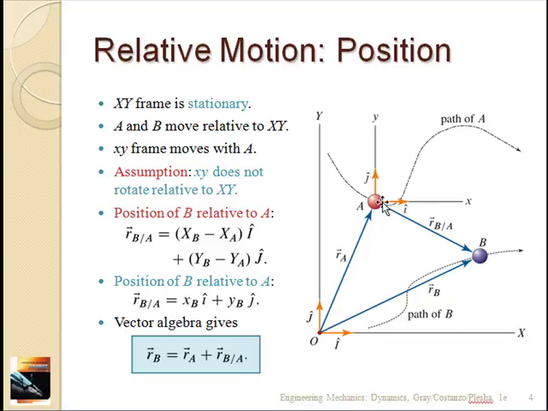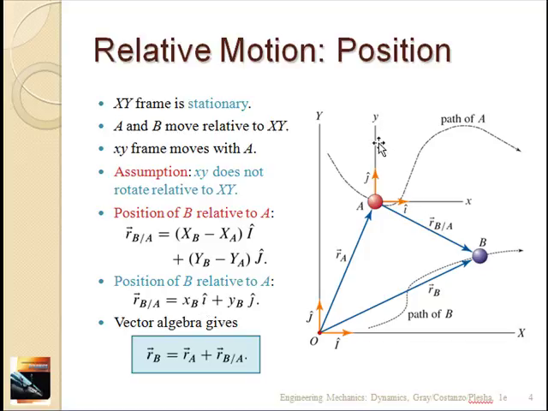Okay, so this is just defined by the difference in the x coordinates of the two particles, which are both a function of time, and the difference in the y positions of the particles, and again, both are functions of time.